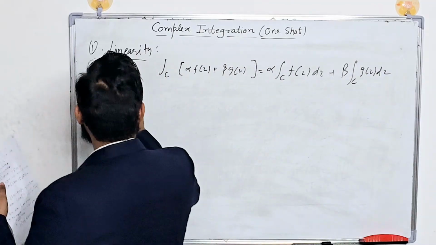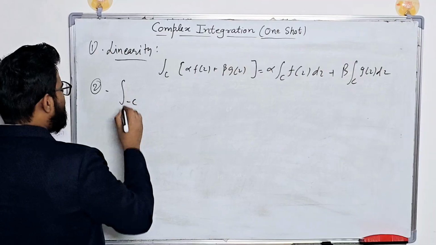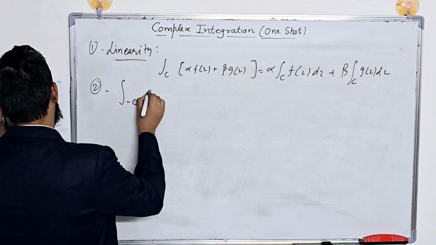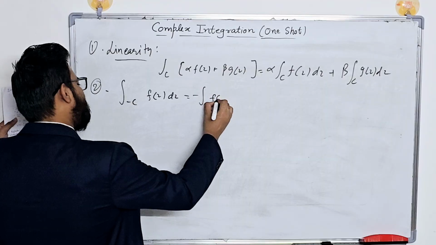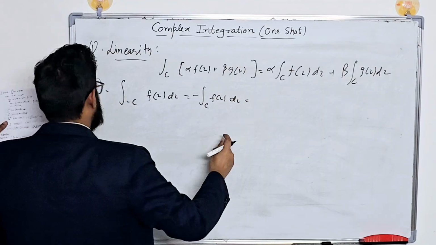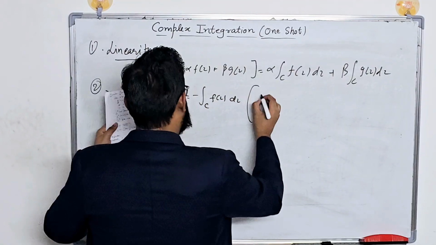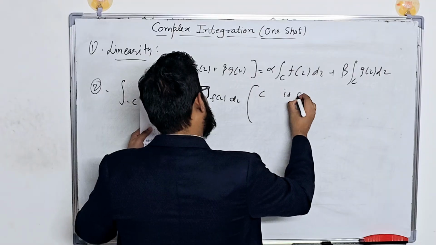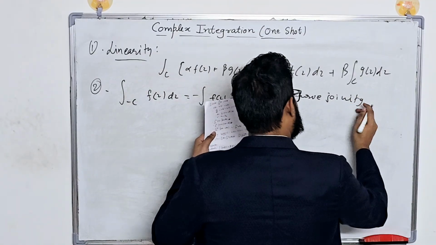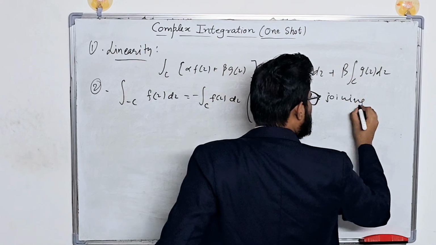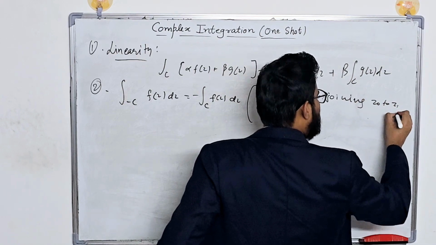What is the second property? The integral over negative c of f of z dz is the negative of the integral over c of f of z dz, right? Okay, let me tell you that c is the curve joining, suppose, z0 to z1, right?